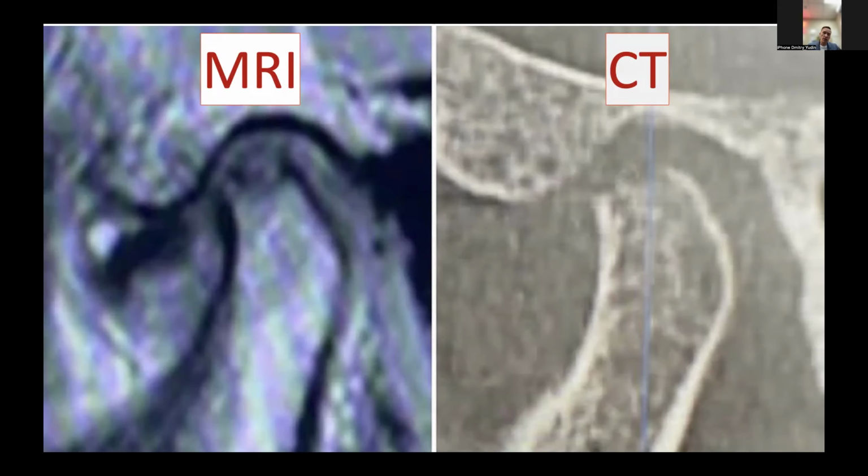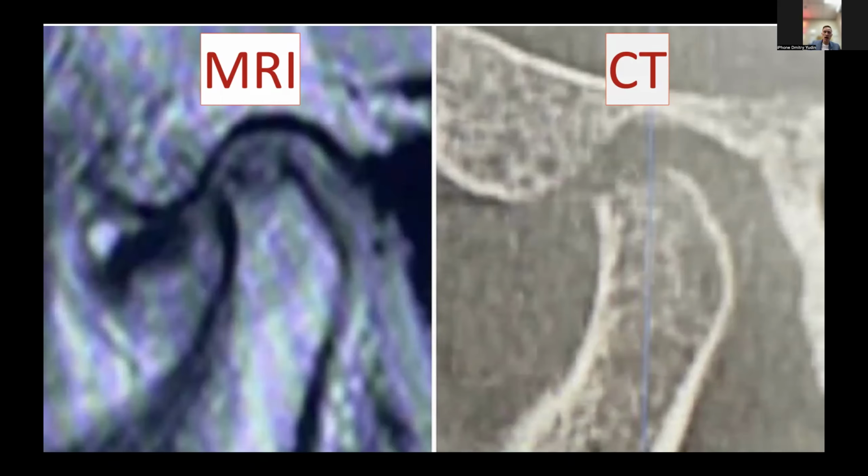But usually patients have a chronic problem with no clinical pain or other problem. If we use MRI in our work, we can understand where the TMJ disc is, or another problem with the cortical and chondral part of the head.